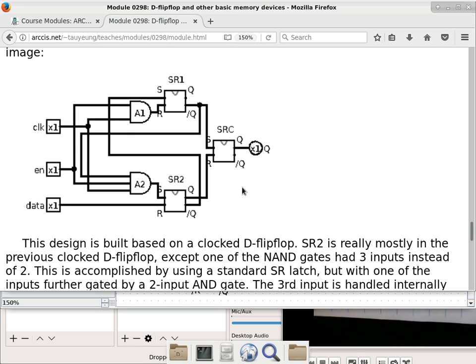When SR2 sets, the Q output, which goes to the R of SRC, which is the final stage SR latch, would also be a 1. Which means the final stage SR latch would just be experiencing 2 1s for the inputs, which also basically specifies no change. So enable being 0 turns off all the possibility to change anything, because that is the one thing that guarantees the final stage SR latch not to change anything.